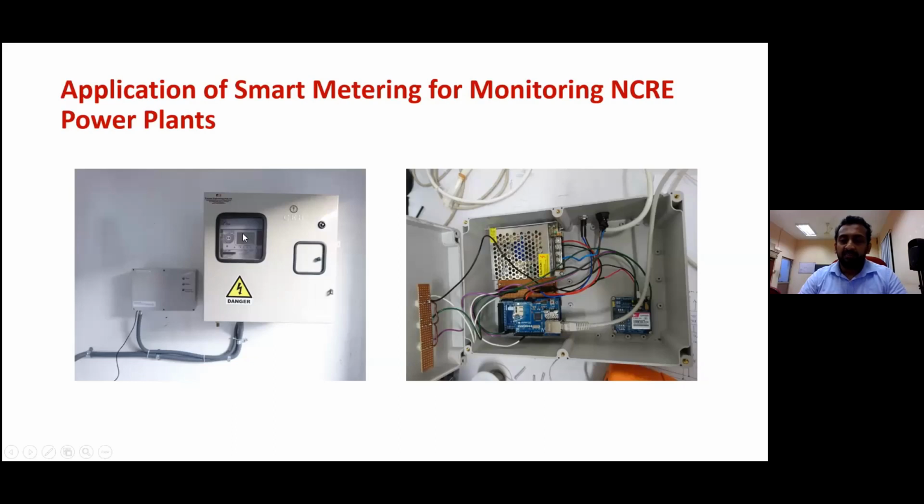These energy meters support different protocols like DLMS COSEM and Modbus. So we developed a small, simple device which can read the meter using the Modbus protocol, Modbus TCP to be precise, and then transfer that data into our head-end system using GPRS technology.